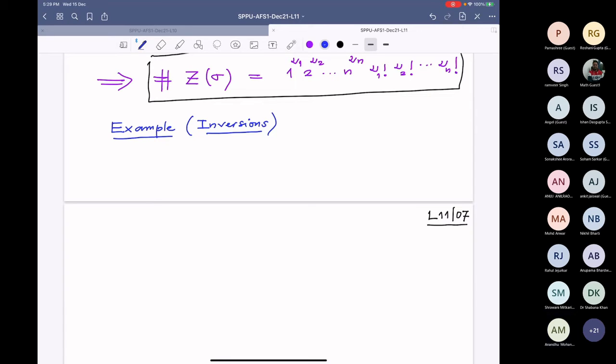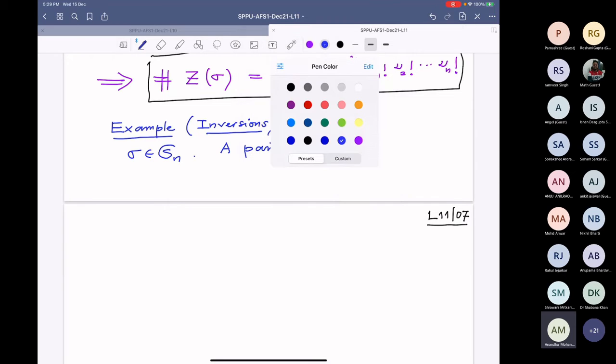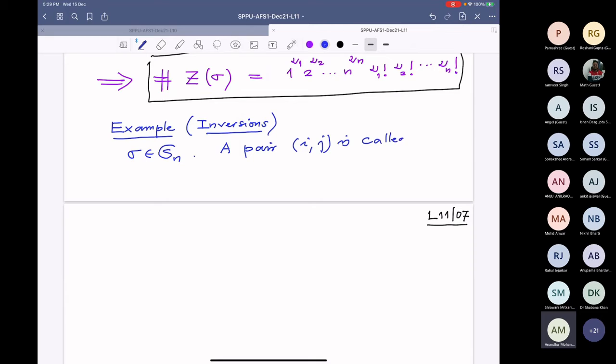So I will tell you what an inversion is. We are given a sigma in Sn, and a pair i, j is called an inversion of sigma if i is less than j, but sigma i is bigger than sigma j.